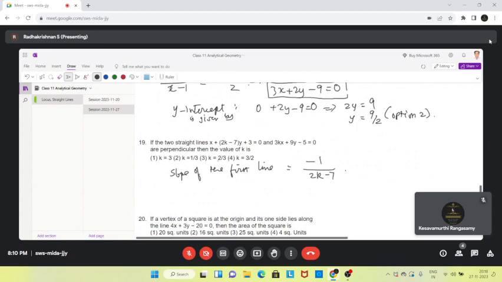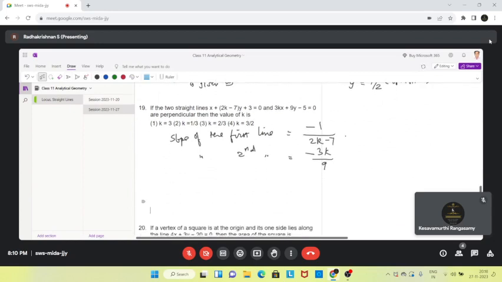Slope of the second line is minus 3k divided by 9. Now the product of these two is equal to -1. That means -1 divided by (2k minus 7) into minus 3k divided by 9 equal to -1.